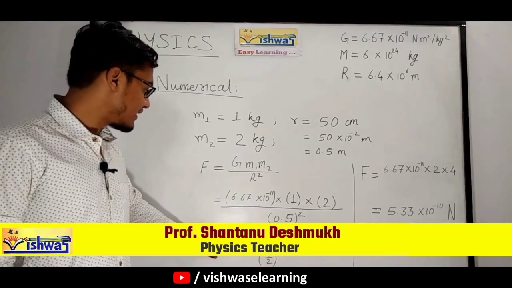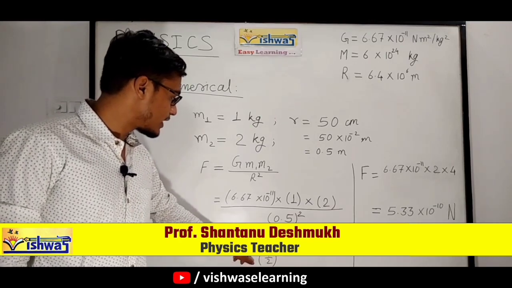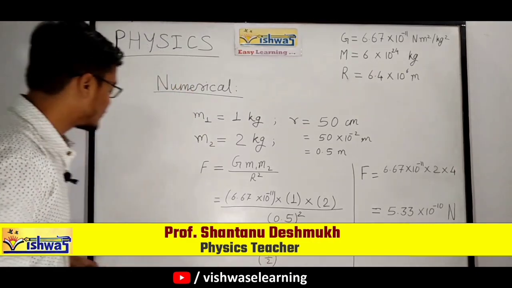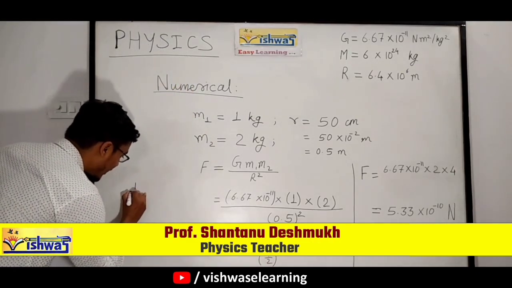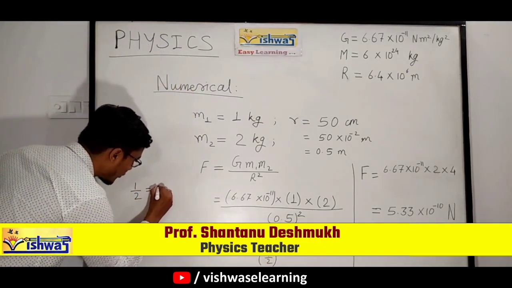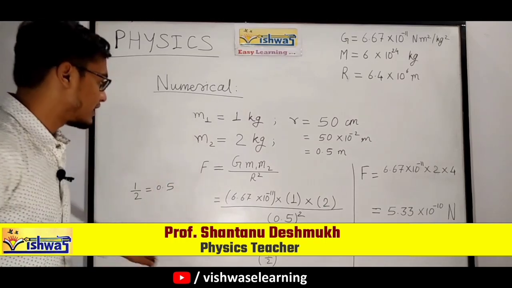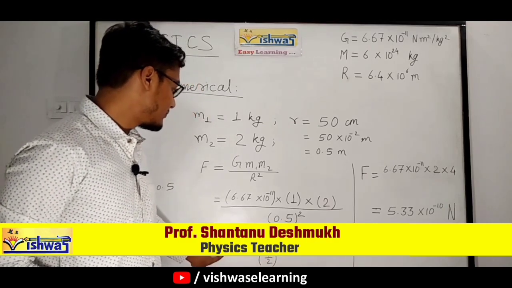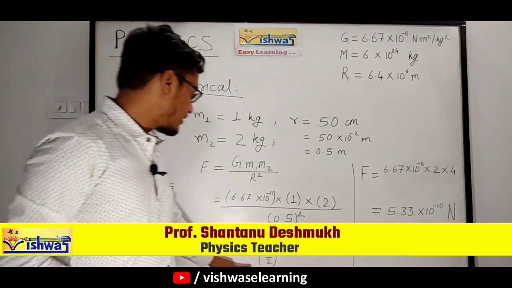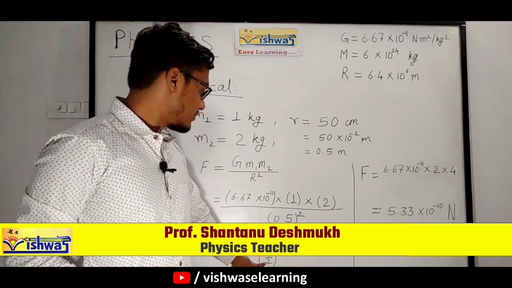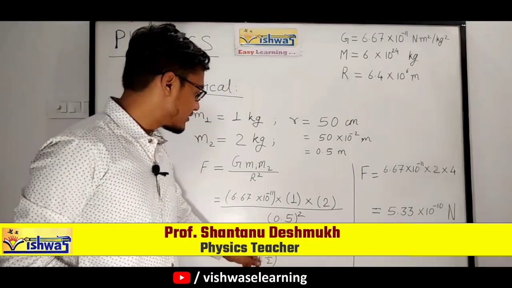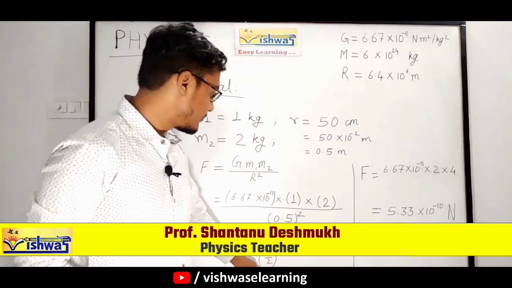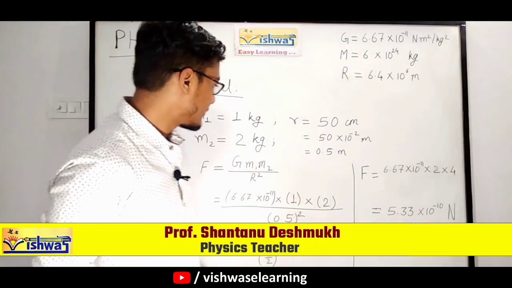Now in the next simplified step, 6.67 into 10 raised to the power minus 11, 1 into 2 means 2, and 0.5, here 1 by 2 is equal to 0.5, so we can take 0.5 as 1 by 2 squared. Our next simplified step will become this, and as (1 by 2) squared is in the denominator, if we take it into the numerator, its reciprocal will come.